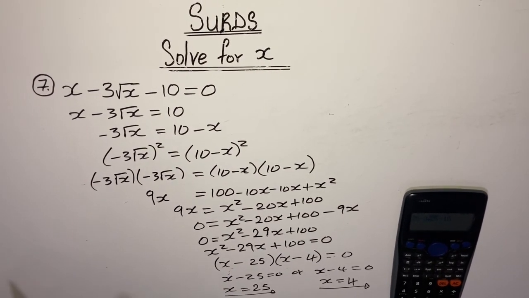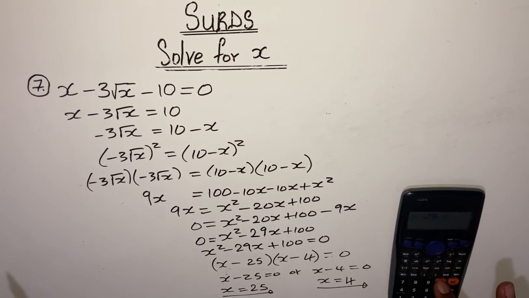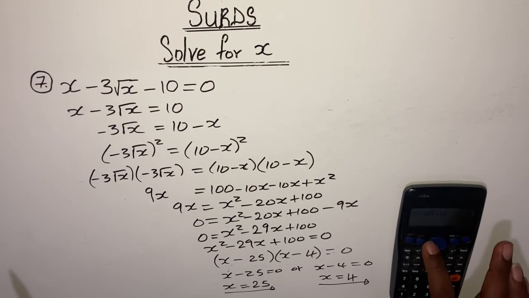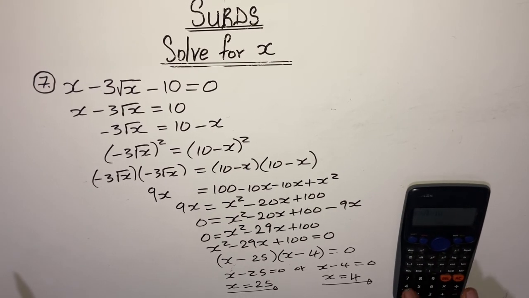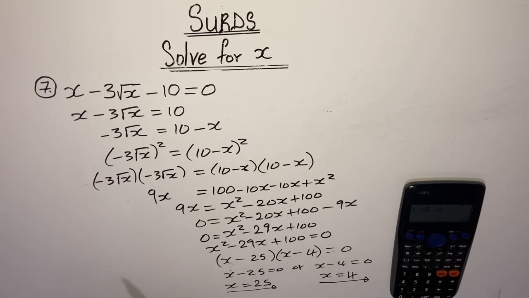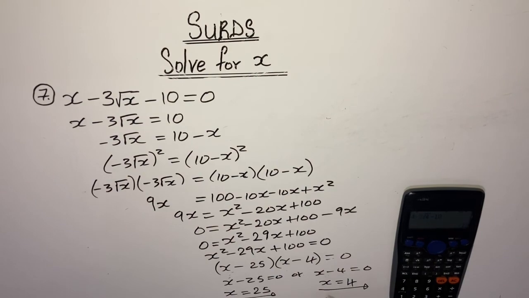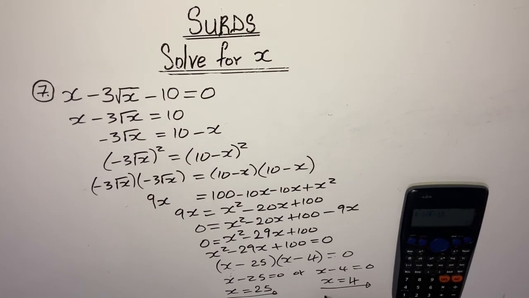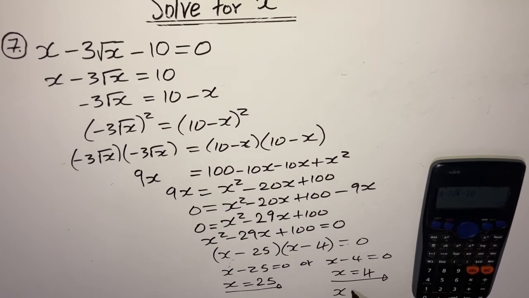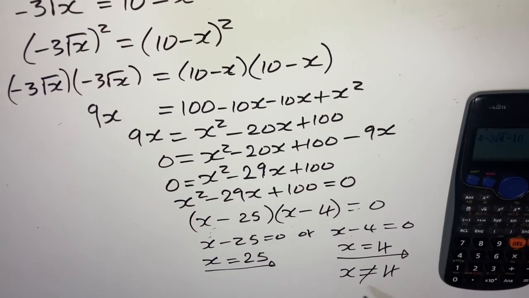Then now we substitute our 4 where there is x. Our 4 does not give us the 0. Therefore, you say x is not equal to 4.